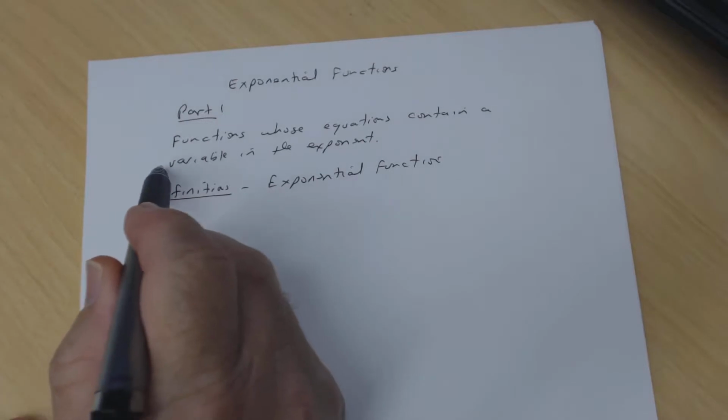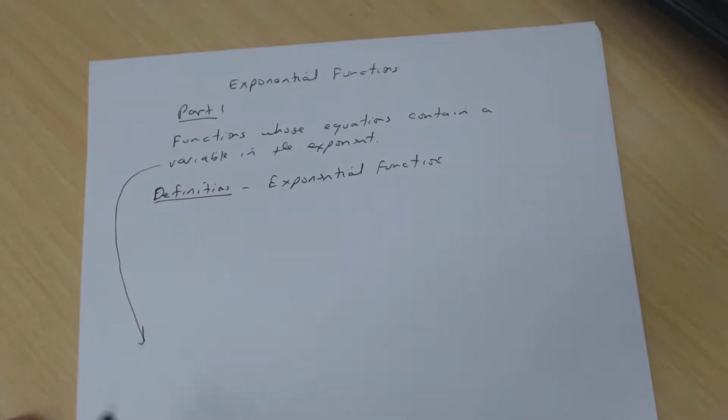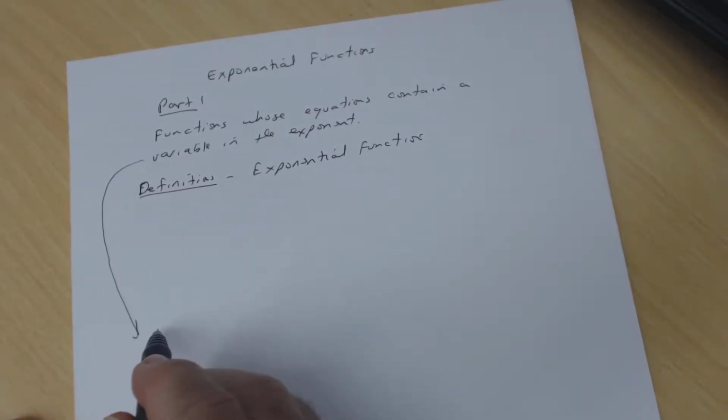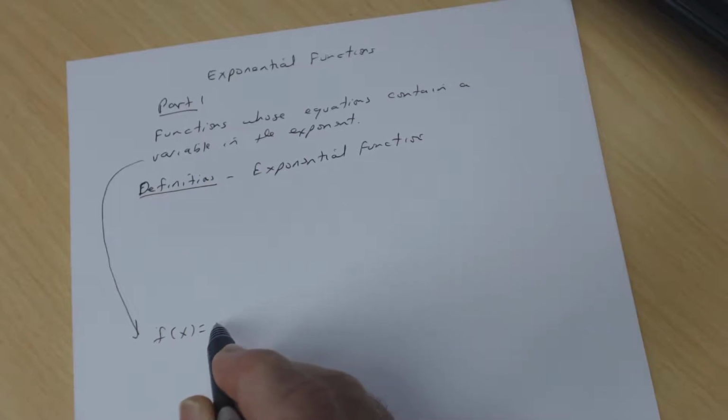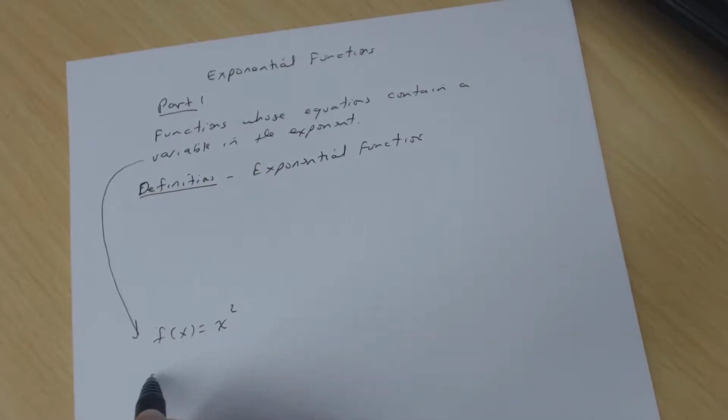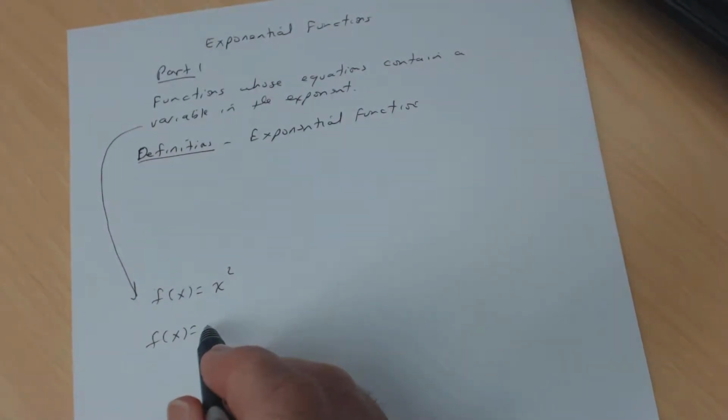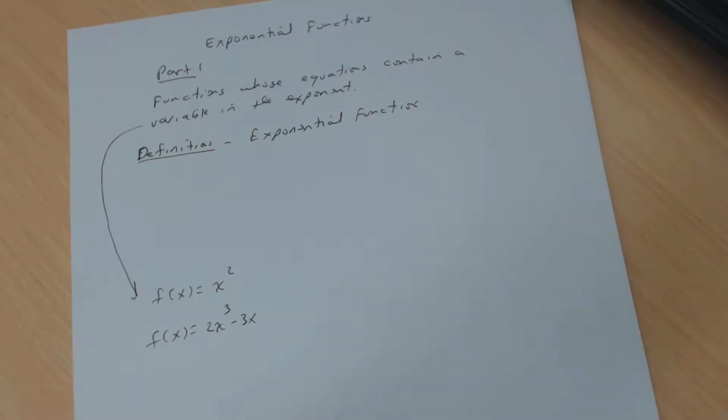All right, so to remind you, in the past, here are the kind of functions that you had. So you had something like f of x equal x squared. You dealt with f of x equal 2x cubed minus 3x and so on.